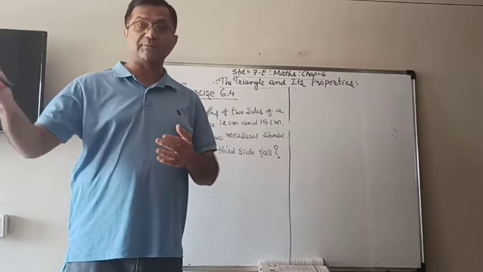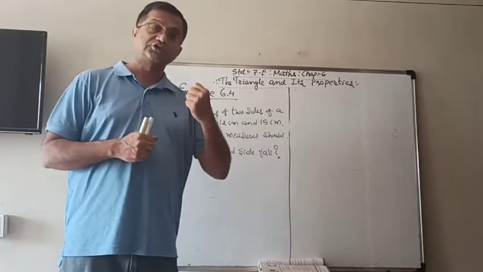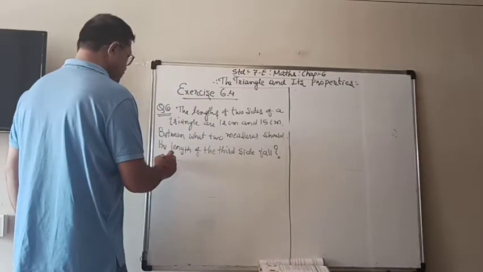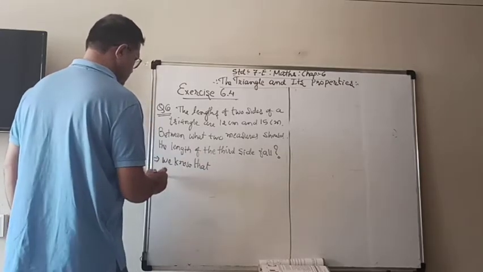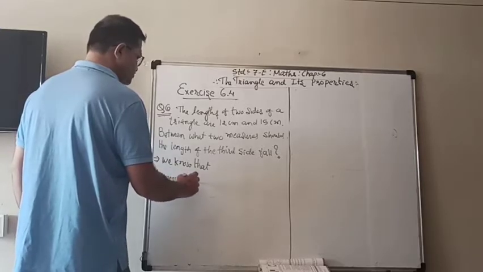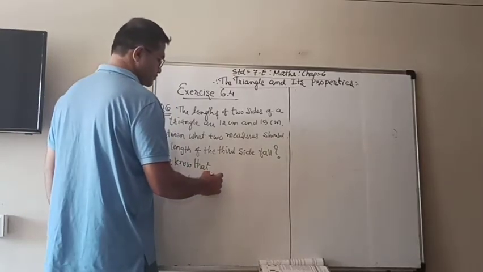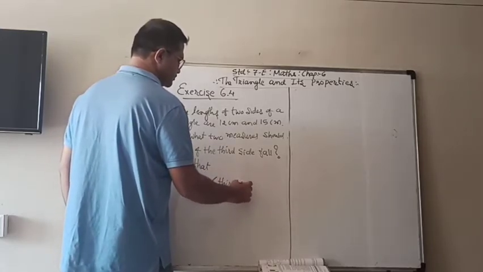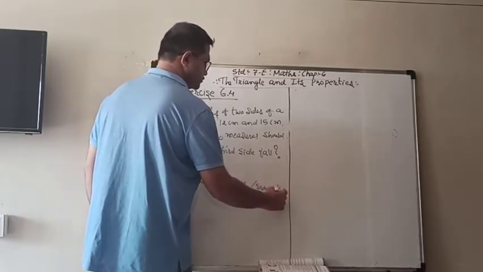Because it cannot exceed some number, and it cannot go less than some number, according to our 2 important results that we learned. So now we know that the difference of two sides is less than the third side, and it is less than the sum of two sides.